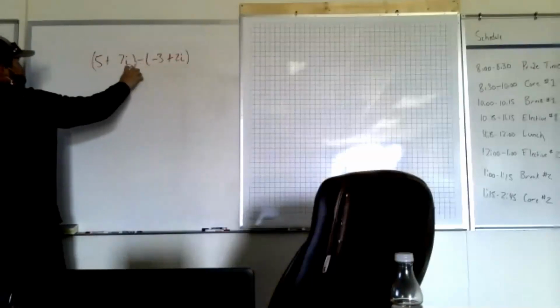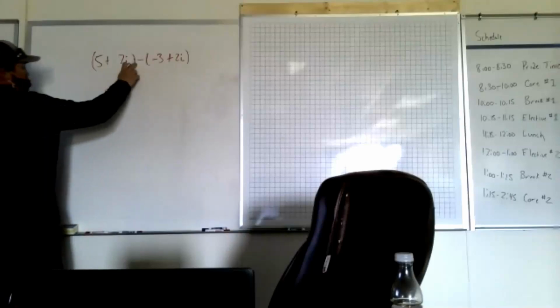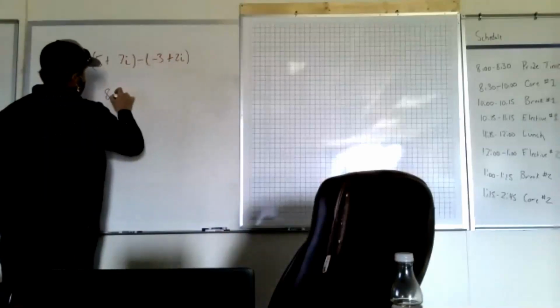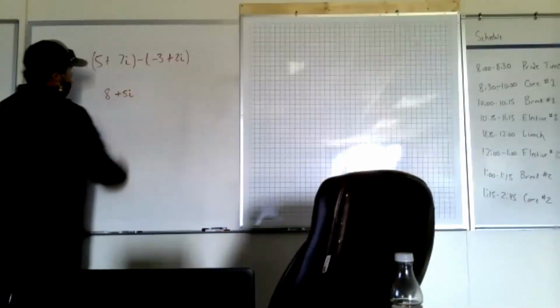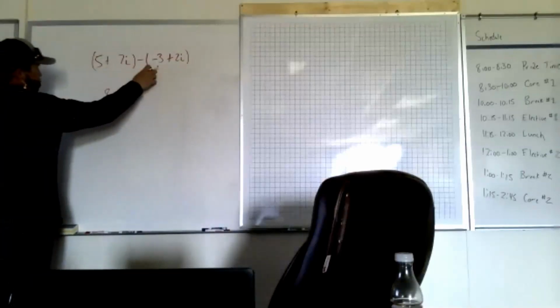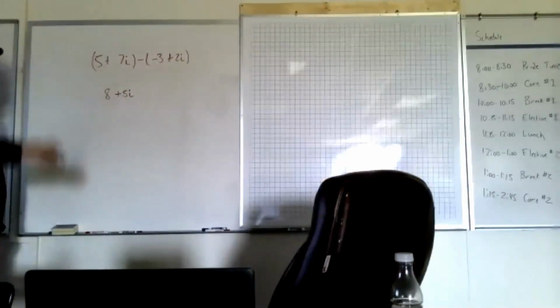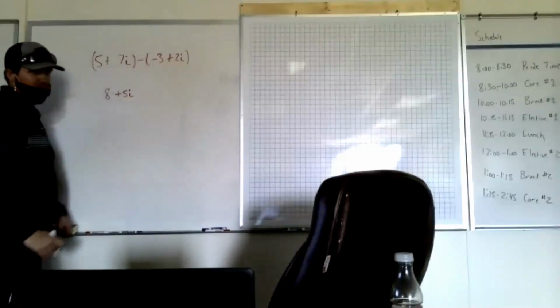Okay, 5 minus a negative 3 gives you 8. 7i minus 2i gives you 5i. 5 minus a negative 3 gives you 8 because you're really adding it. And then 7i minus 2i gives you 5i.